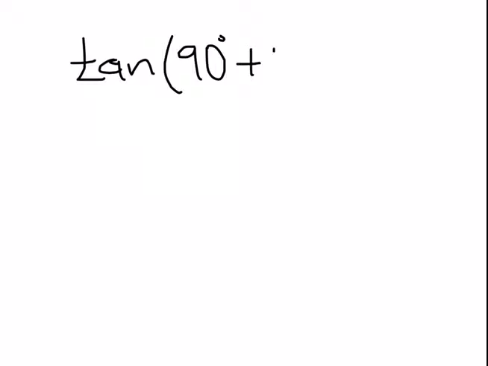Just to give you an idea, because at some point they might give you something like, let's say, tan of 90 degrees plus theta. I know you might be wondering, since the trigonometric ratios we have are sine, cos and tan, then what if it's tan?